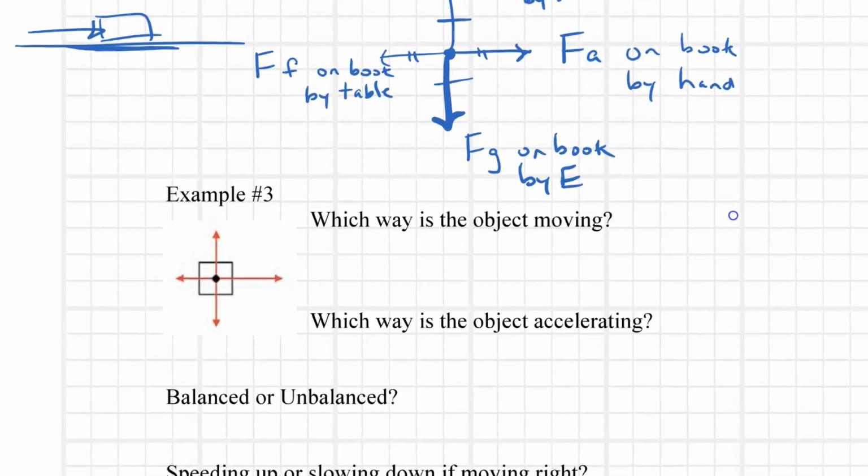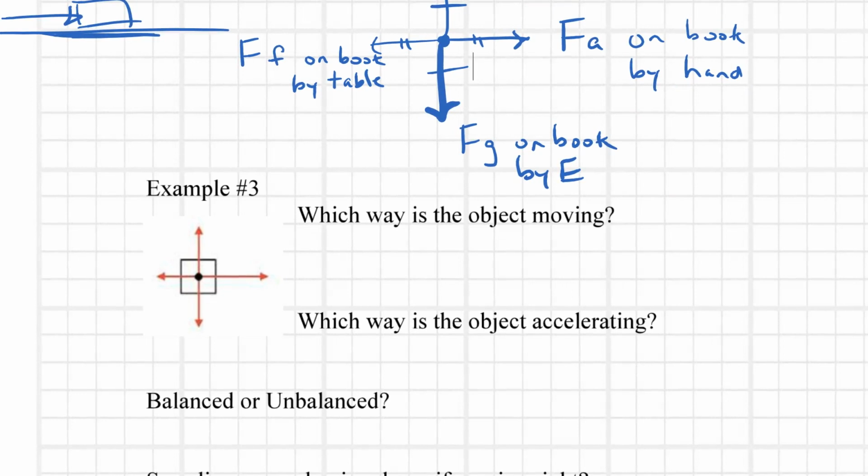Okay, for example number 3, it says, which way is the object moving? And the temptation is, and you're probably thinking it right now, to think that it's moving to the right. But the answer is, we don't know. Which way is the object accelerating?